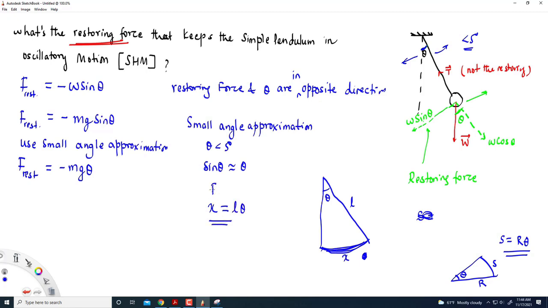So F restoring equals minus mg theta, and theta would be x over L. So F restoring is minus mg over L times x.